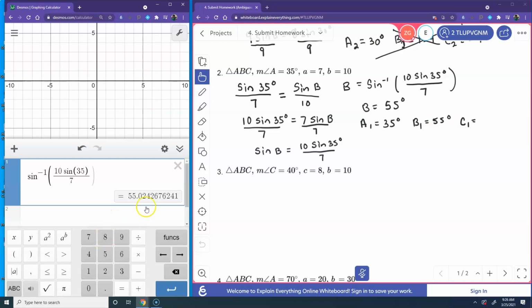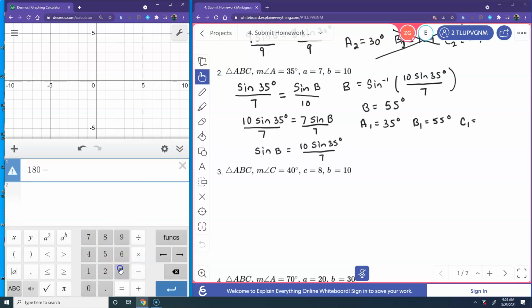Remember, to find the third angle, we have 180 minus 35 minus 55, because the sum of the angles in a triangle is 180. Now the second possibility, we have A2 is 35 degrees.